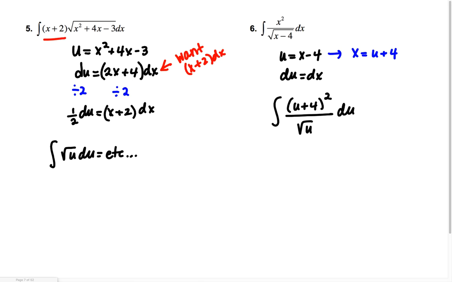Would you know how to integrate that, though? Can you still do it? Yeah. I think you can. What would you do, Cole? You'd simplify the top. Yeah, it'd become u squared plus 8u plus 16 when you FOIL it out. And this is u to the 1/2, and then you bring all of those in. Right, you could do that. It's not fun, but you can do it. So you're trying to get it into a form that you can integrate.